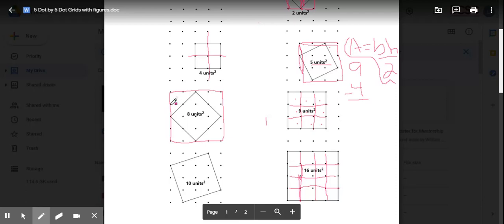We have to find the area of the big square. And I was able to count that one over there because it's very tiny. But we're going to draw the lines here. So I'm going to do 1, 2, 3, 4, 1, 2, 3, 4, and that's 16.